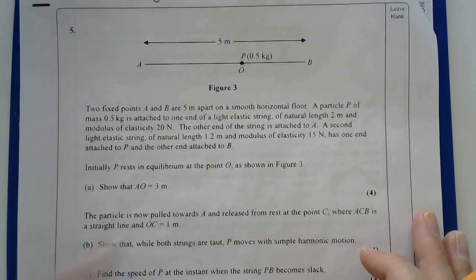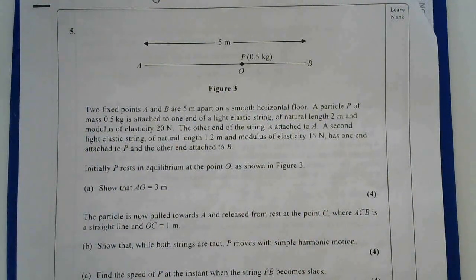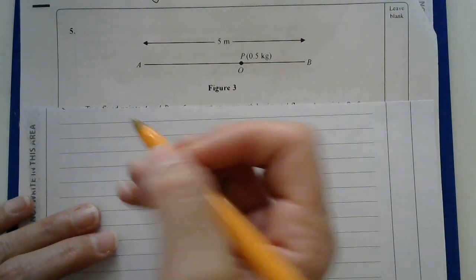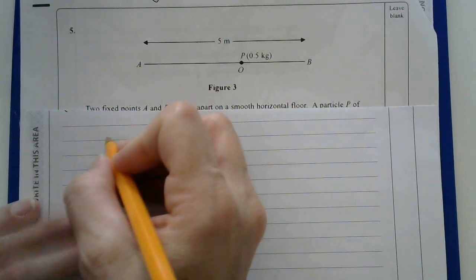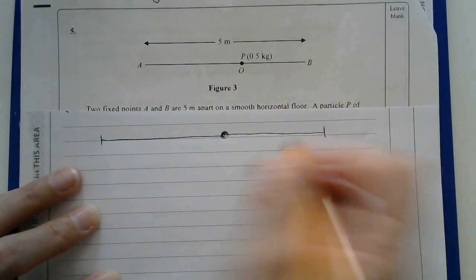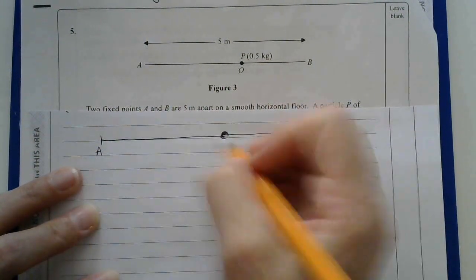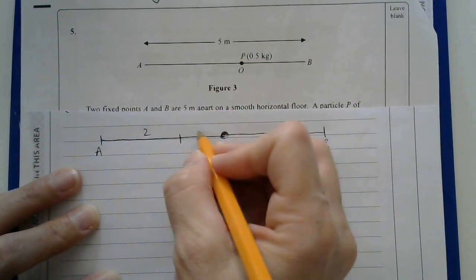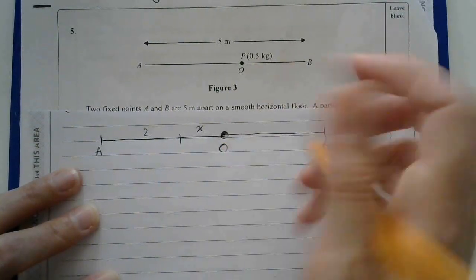AO is 3 meters. So I will begin by drawing on all of the lengths first, and then we'll look at the forces afterwards. In the part of the string that is AO, the natural length was 2, and so I'll call this extension here x.